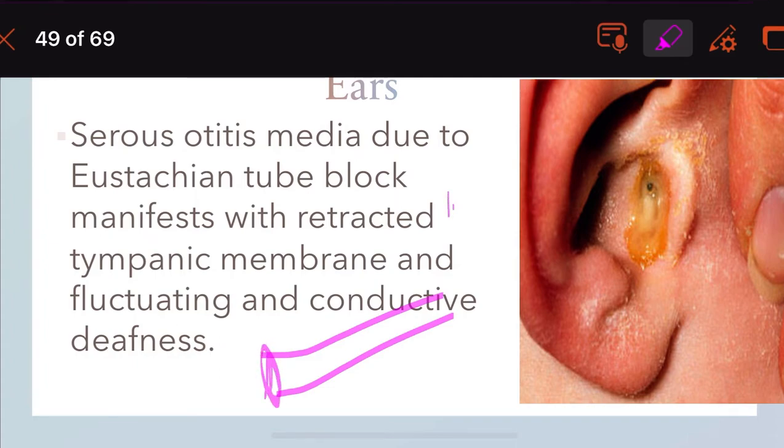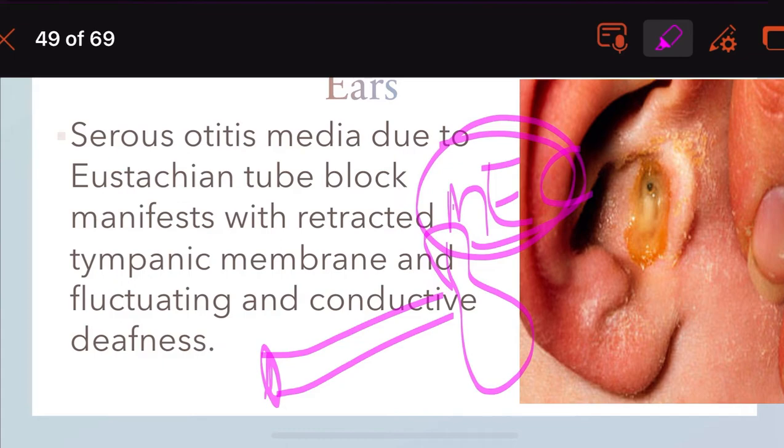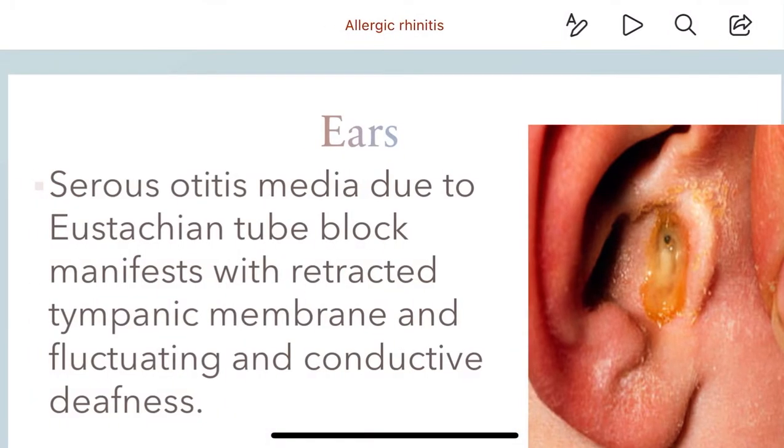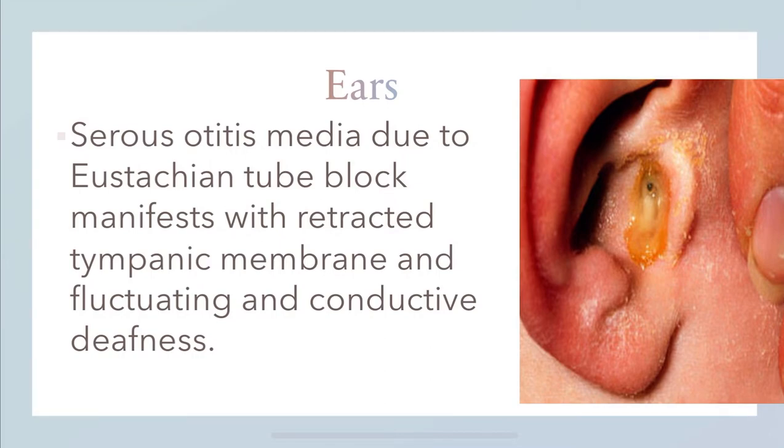As a result, the middle ear cleft, okay, which is the tympanic membrane, this collection of the pus in the middle ear cleft is nothing but otitis media, accumulation of pus in the middle ear cleft. As a result, the tympanic membrane is being retracted, and then this eustachian tube is blocked by the mucus. As a result, there is otitis media and the tympanic membrane is retracted. People suffer from conductive and fluctuating deafness.